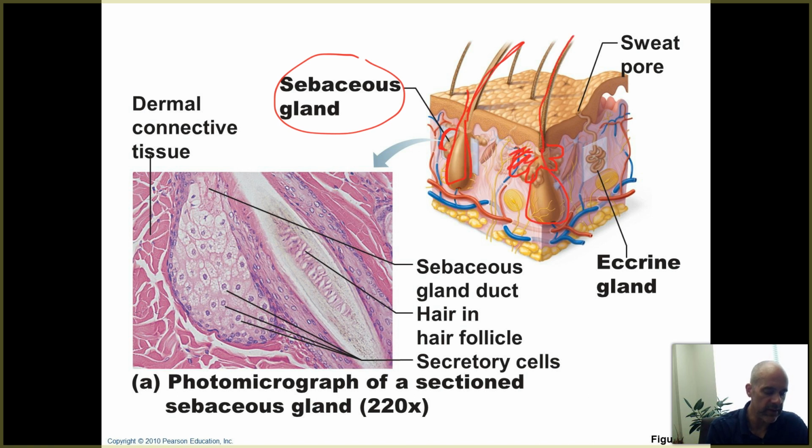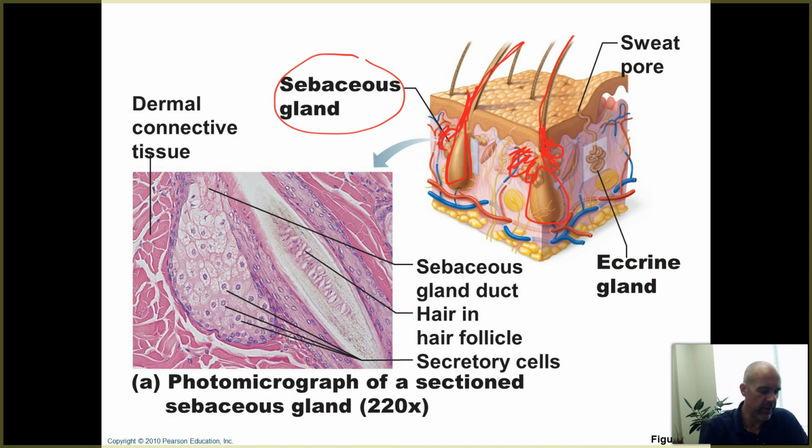So there's your sebaceous gland. There's one over here. So you can see how they're connected to the hair follicle itself. So as the cells in that gland make the skin oil, they squirt it into the hair follicle, and then it travels through the hair follicle along the hair shaft up to the surface of the skin.